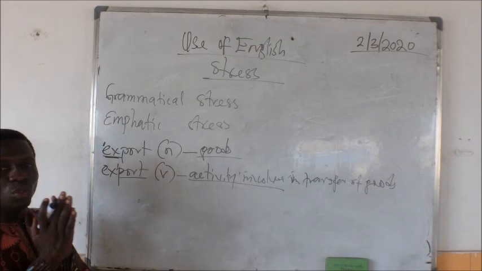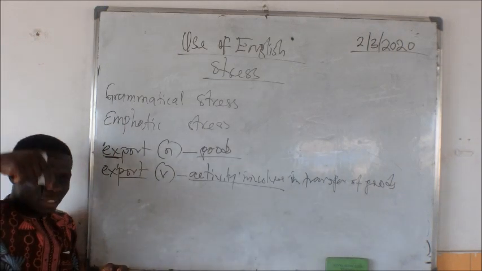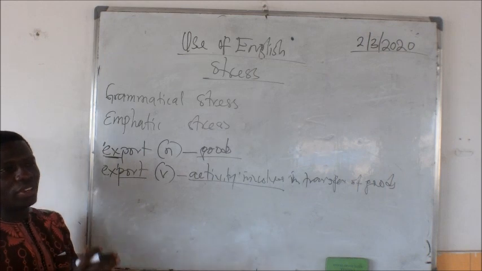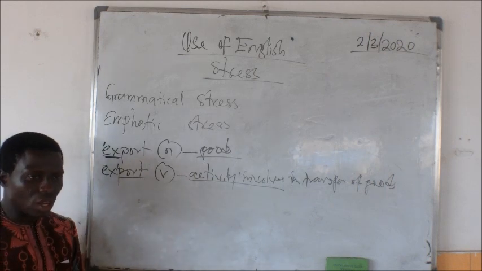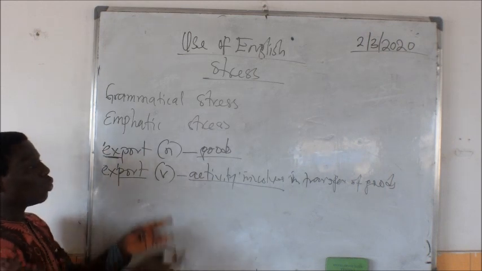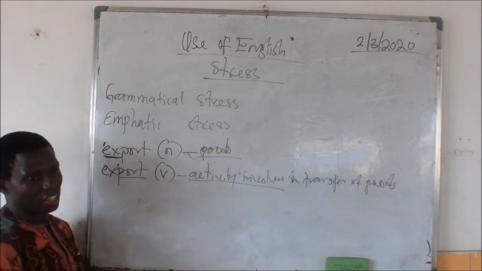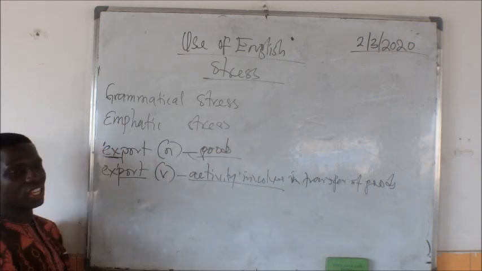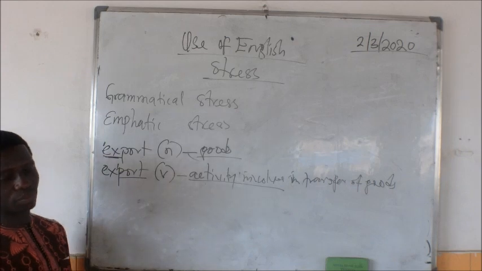So all you need to know is to identify the grammatical class first. So your ability to identify the grammatical class will enable you to know the meaning of that word. Then knowing the stress position of that word.